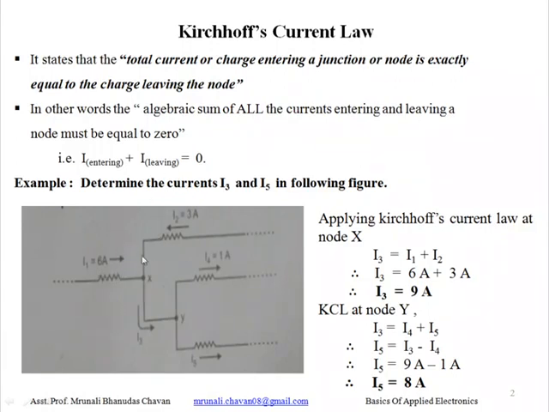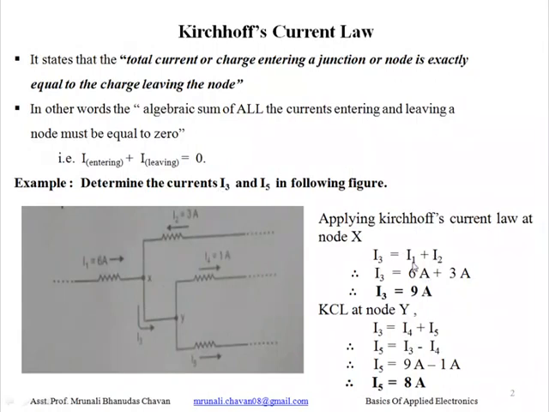I1 and I2 are the incoming currents at node X, and I3 is the leaving current. So applying Kirchhoff's current law at node X, we will get I3 is equal to I1 plus I2.